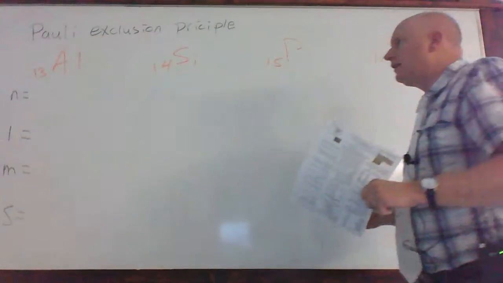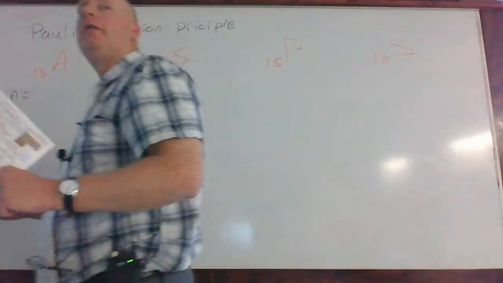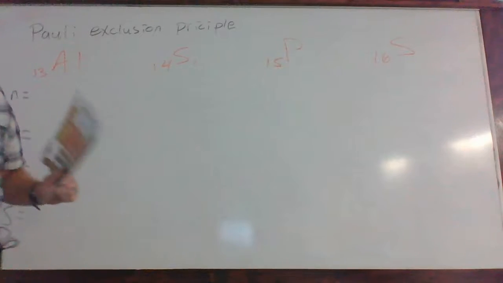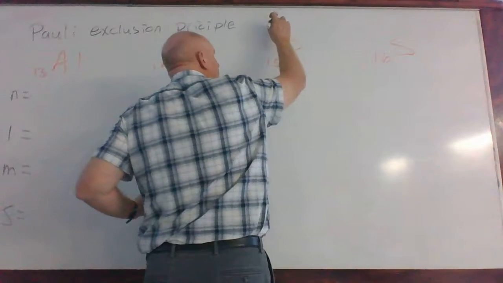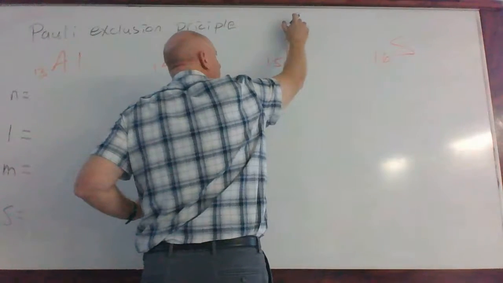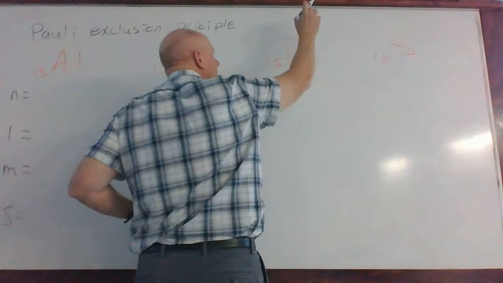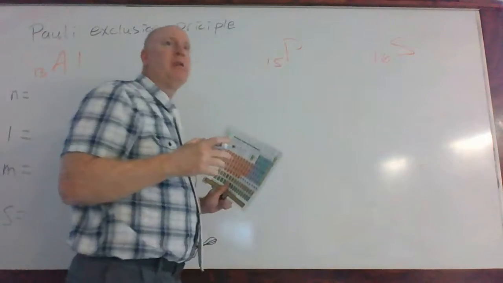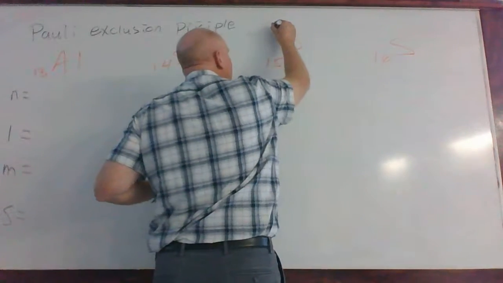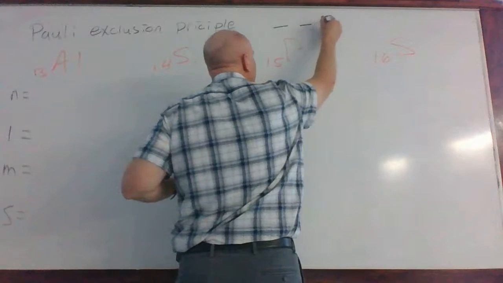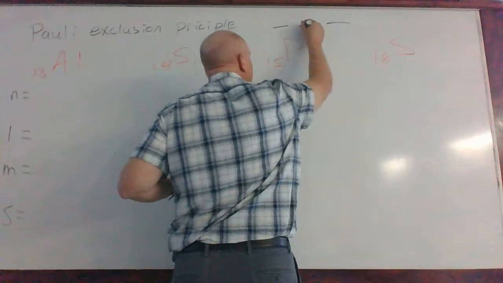So I'll just put that above here. How many horizontal lines do we use for phosphorus then, since it's in the P block? The P block can hold 6.